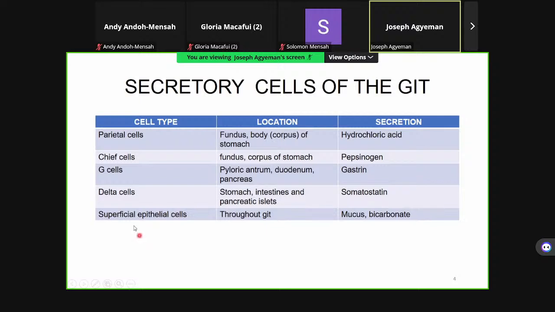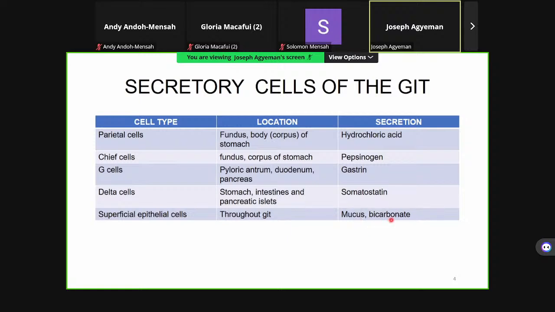Then the superficial epithelial cells, this lines the entire GIT. So from the esophagus all the way to the last aspect of the GIT, you have superficial epithelial cells. And these cells are responsible for the secretion of mucus that lines the GIT and protect it from harmful agents.